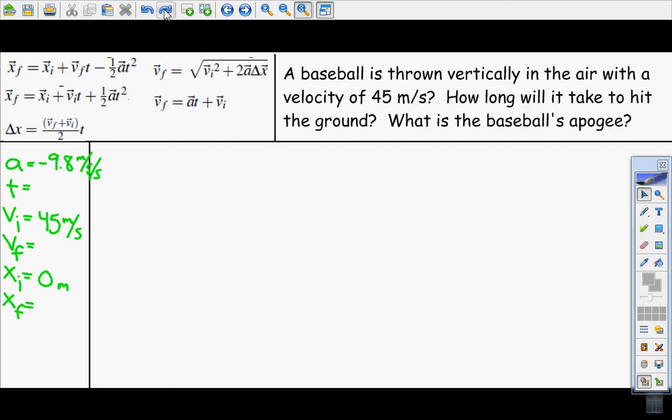Now, what else can we figure out from this problem? I don't honestly see a whole lot, which leaves us with a lot of question marks. One of the questions that's being asked is how long will it take to hit the ground? Well, that's a question mark. Another question is asking what is the baseball's apogee? That's the final position at its highest point.